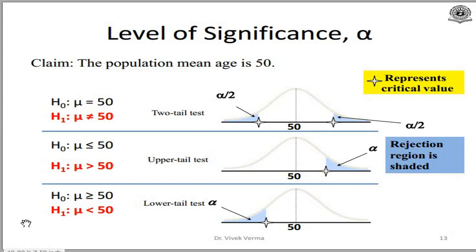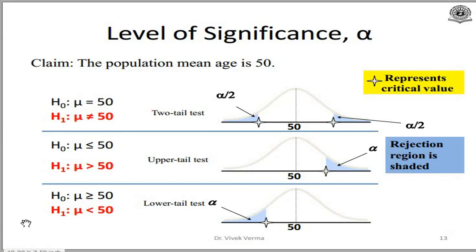Then the level of significance alpha is split into two halves, alpha by 2 and alpha by 2. In both regions, if our obtained sample value falls beyond the critical value, we reject our null hypothesis of equality.